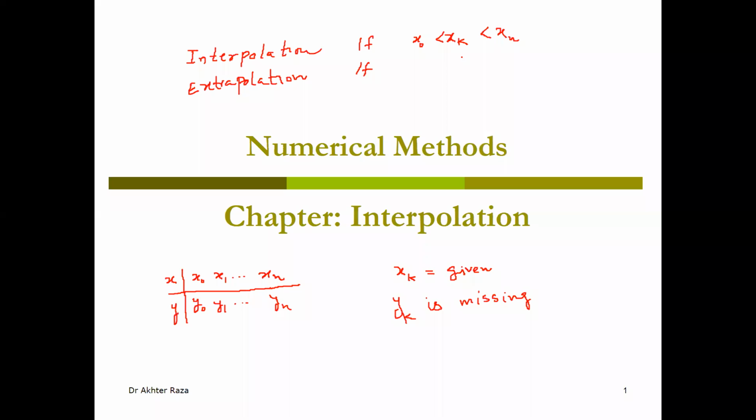If xk is more than xn, or xk is smaller than x naught, then this is the problem of extrapolation. If the missing entry is within the given arguments, then interpolation. If it is here or it is here, then this is extrapolation.